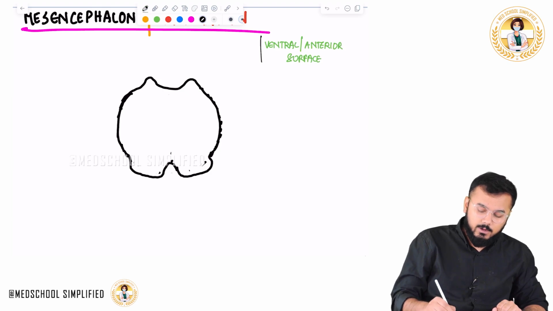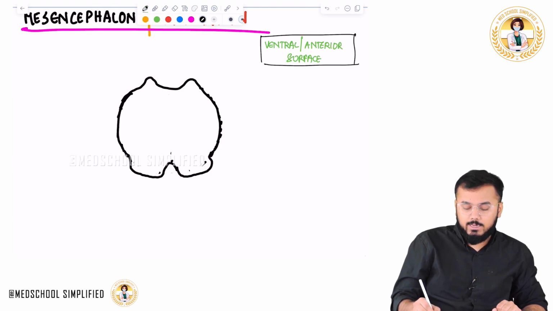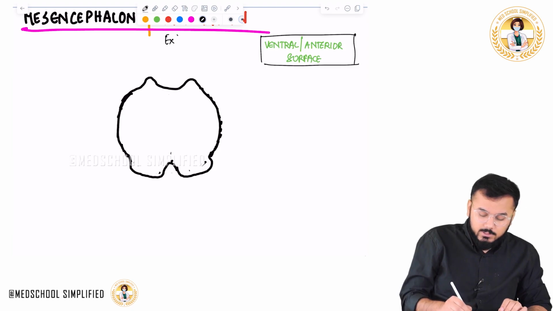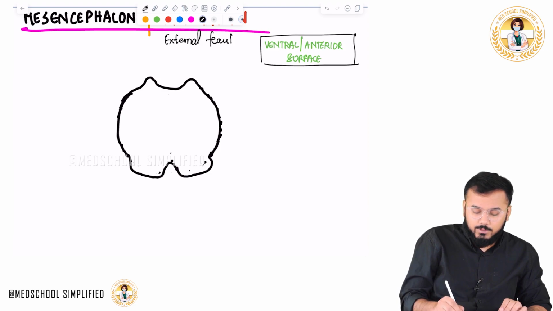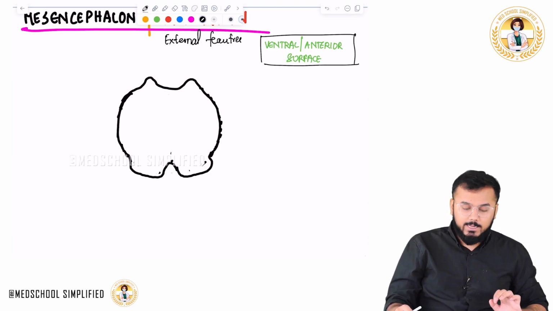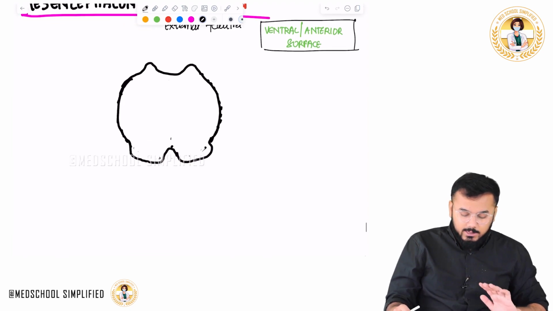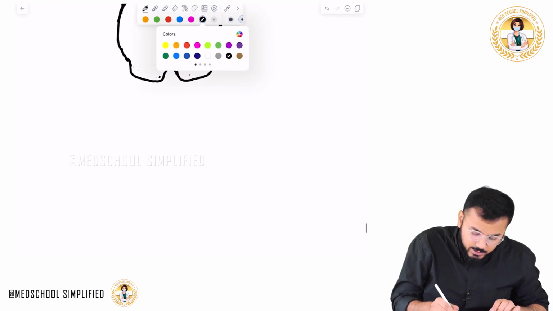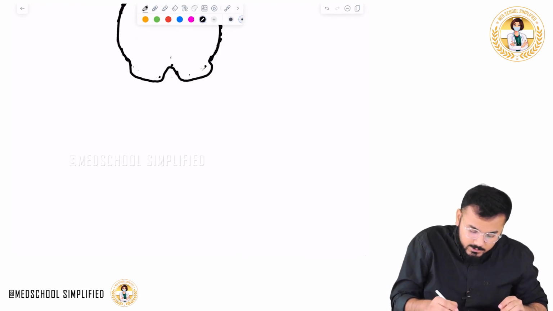So right now we shall mainly focus on the ventral surface, or the anterior surface, of the midbrain. We shall discuss the external features of the ventral or anterior surface of the midbrain. Let me finish up the picture so that we can discuss this surface much better.